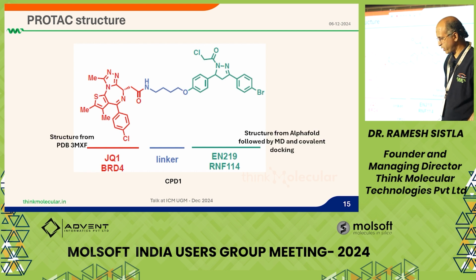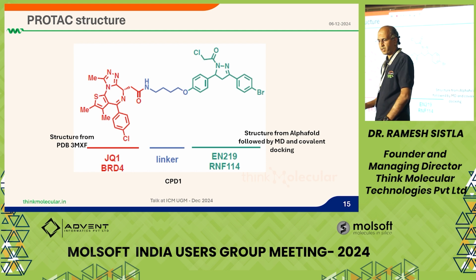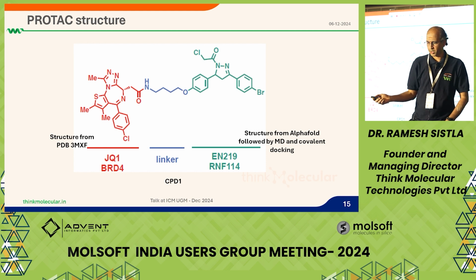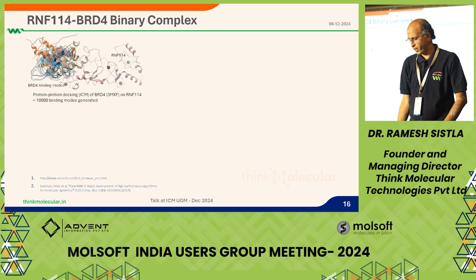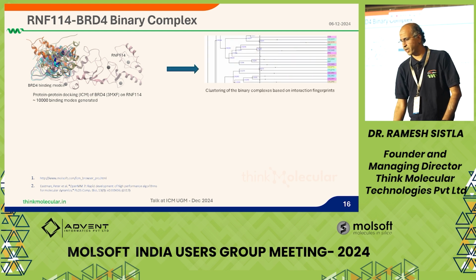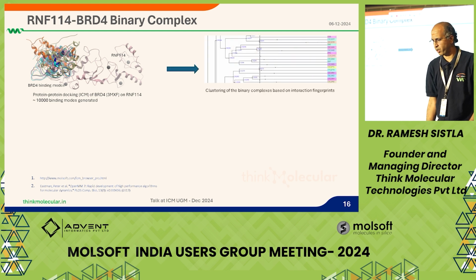So we took these structures individually: the AlphaFold structure of RNF114 with EN219 modeled into it, and the BRD4 structure from PDB, 3MXF, and we succeeded in doing a protein-protein docking of BRD4 and RNF114.